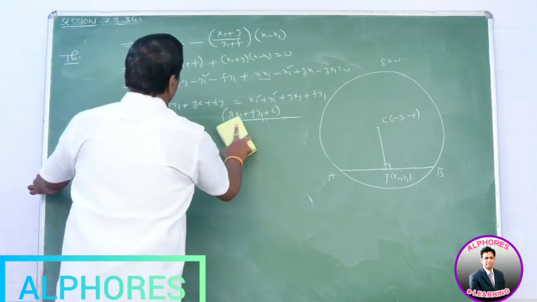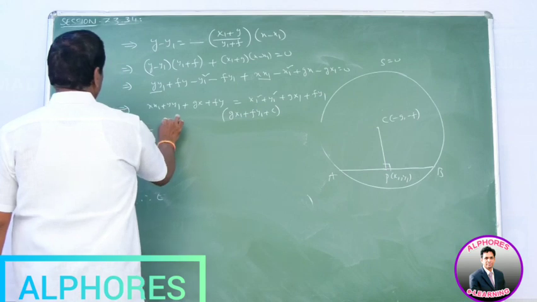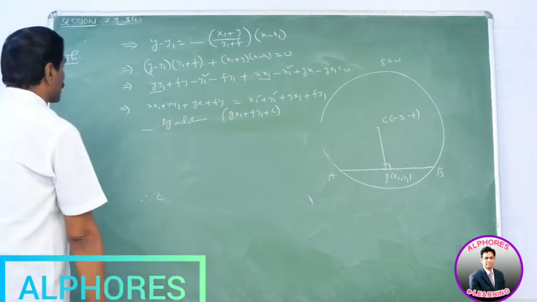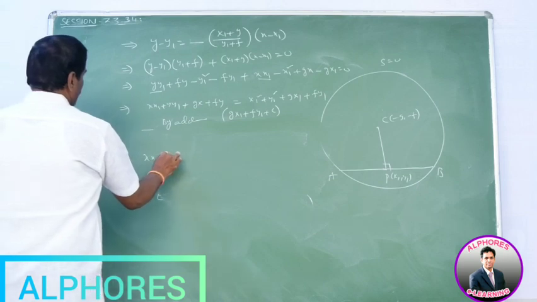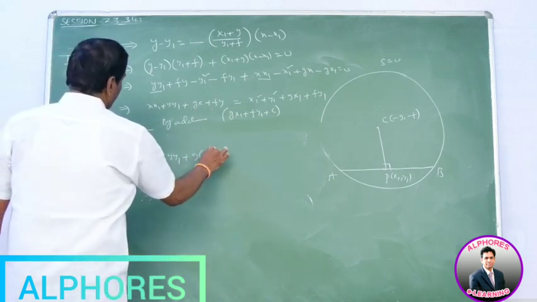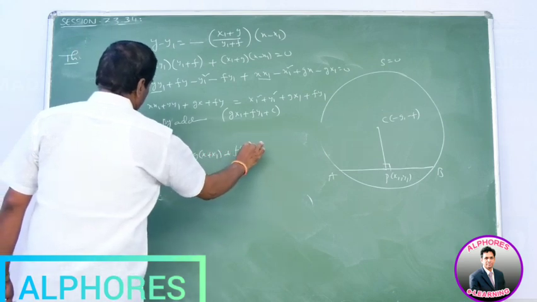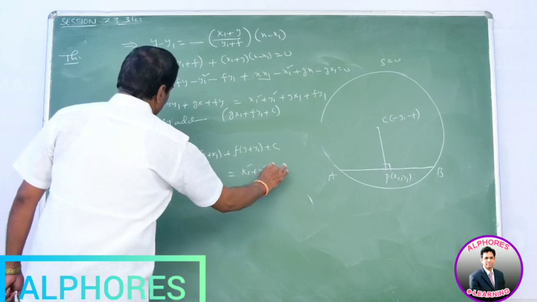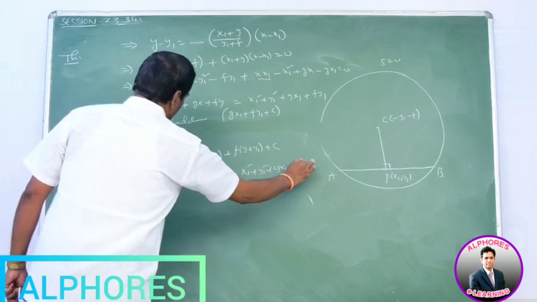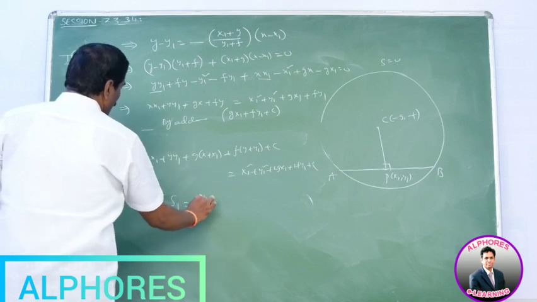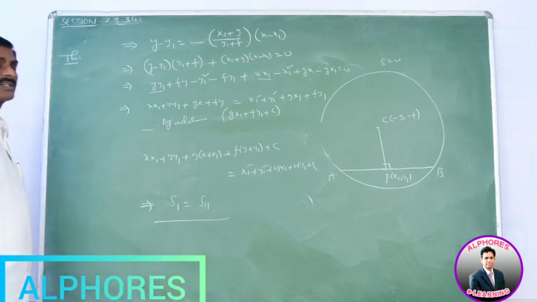By adding gx1 plus fy1 plus c on both sides, we get xx1 plus yy1 plus g of x plus x1 plus f of y plus y1 plus c is equal to x1 square plus y1 square plus 2gx1 plus 2fy1 plus c. That means S1 is equal to S11. It is the equation of the chord when the midpoint of the chord is given.